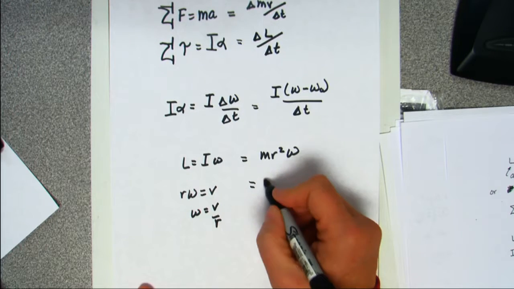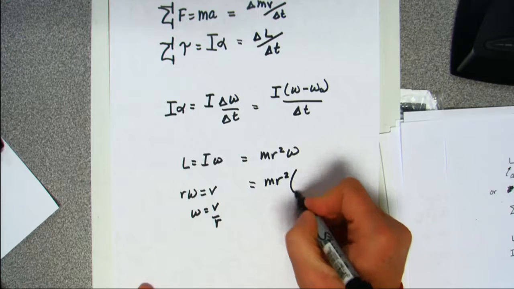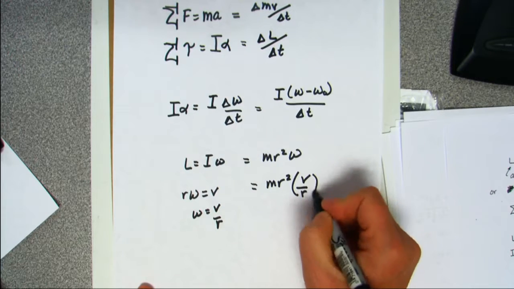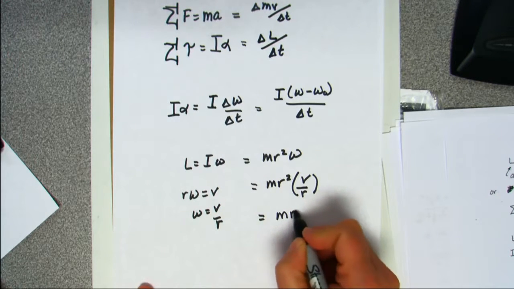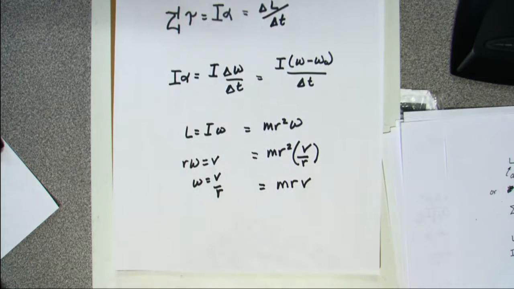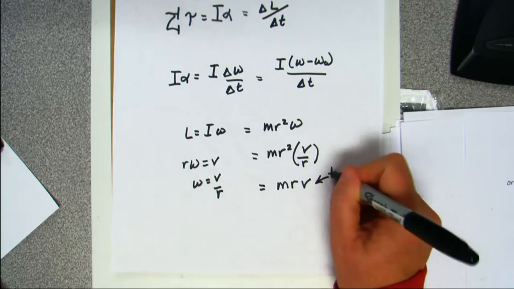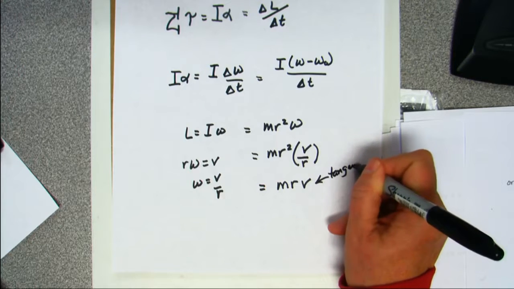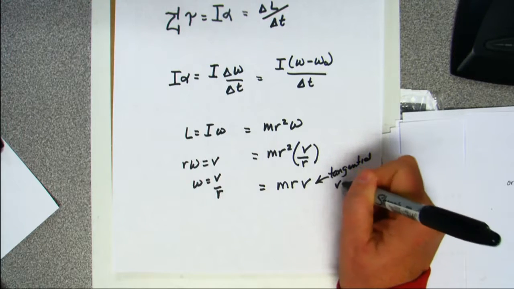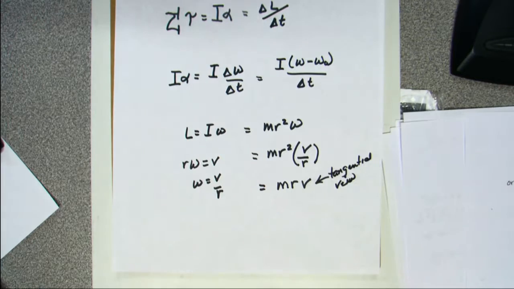I can substitute here and get mr squared v over r, which gives mrv, which is the one that I had originally put in. We're just going backwards for it, and this is looking at it from a tangential view, so that we can go back and forth.